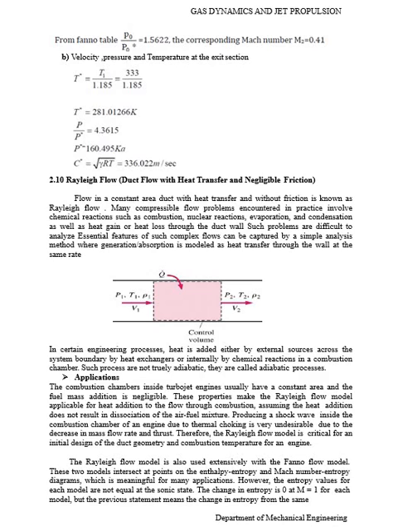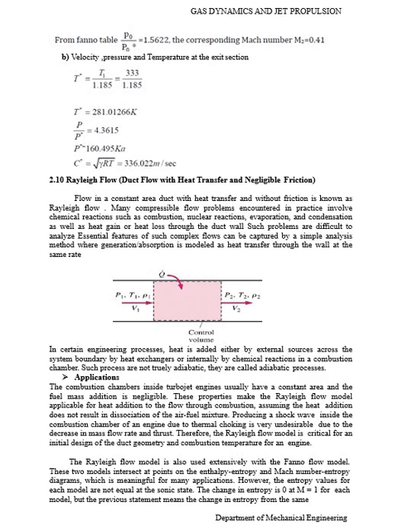Therefore, the Rayleigh flow model is critical for an initial design of the duct geometry and combustion temperature for an engine. The Rayleigh flow model is also used extensively with the Fanno flow model. These two models intersect at a point on the enthalpy-entropy and Mach number-entropy diagram, which is meaningful for many applications.